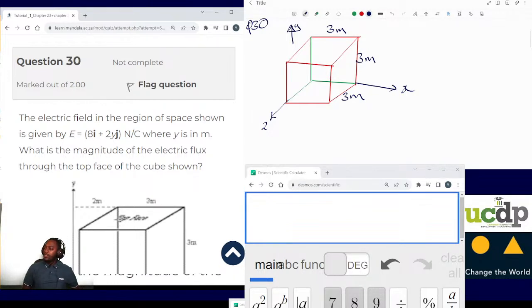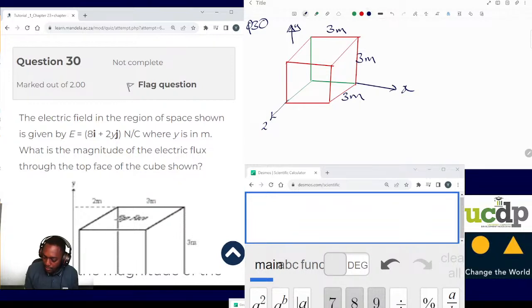The first question that we have, number 30, states that the electric field in the region of space shown is given by E equals 8 in the I direction plus 2y in the J direction. That's Newton per Coulomb, where y is in meters. What is the magnitude of the electric flux through the top surface of the cube shown?